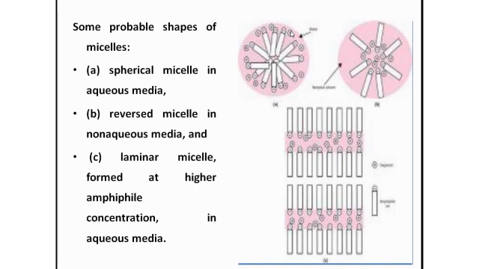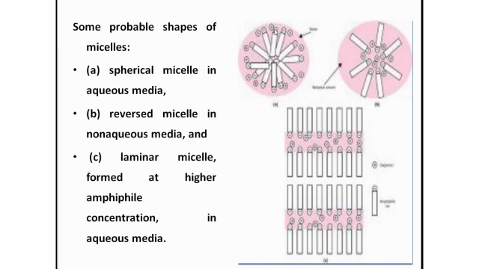They will form a spherical shape, but the charged polar heads will remain towards the water, whereas the long tails, which are non-polar, will try to escape from the water. They come into close vicinity and form the inner layer. The orientation of the polar part will be outside, whereas the non-polar part will be inside.